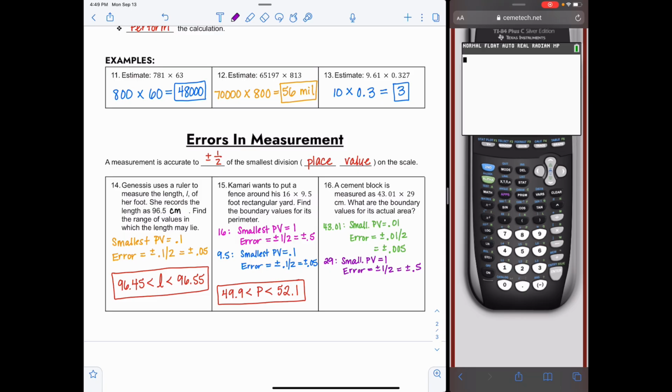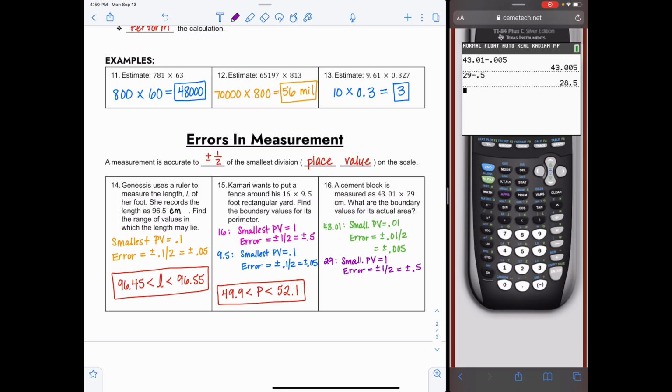All right, so let's look at the lower bound area. If we take 43.01 and we subtract 0.005, we will end up with 43.005. If we found the lower bound of the 29, we would have 29 subtract 0.5, and we get 28.5.